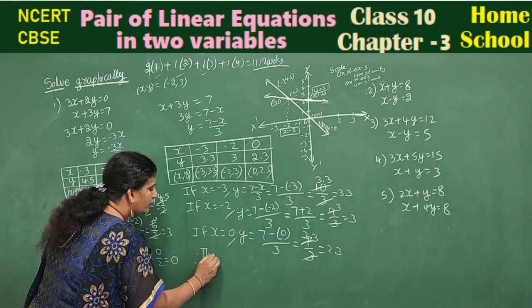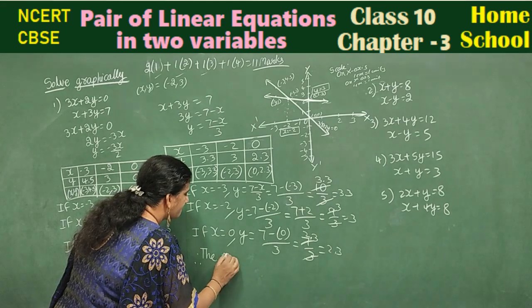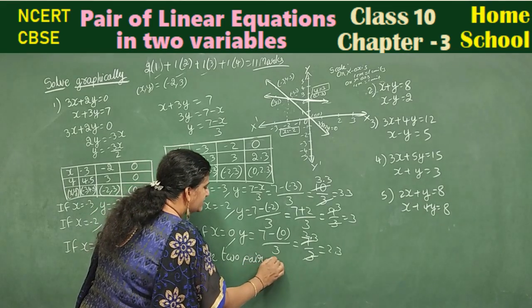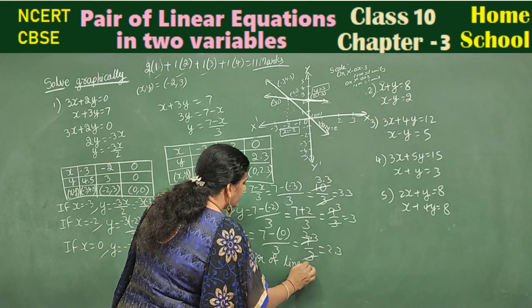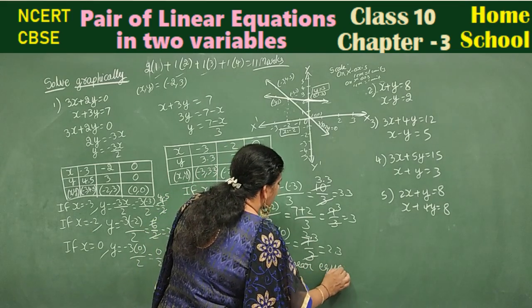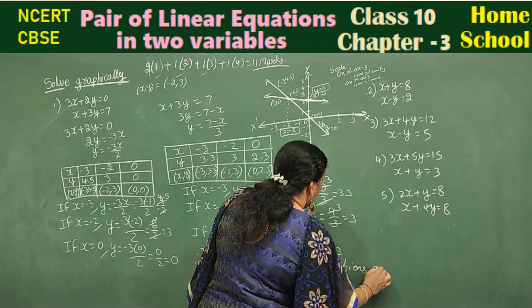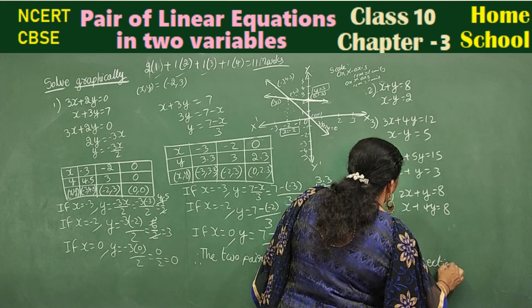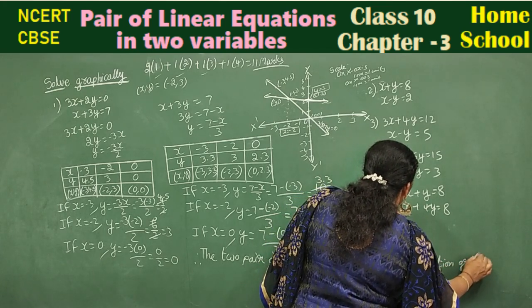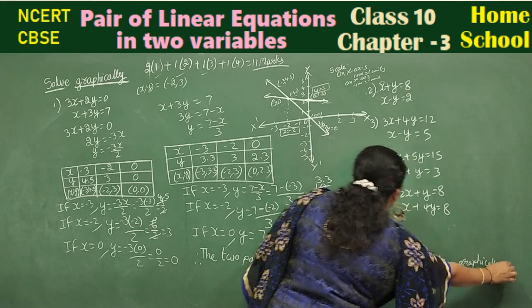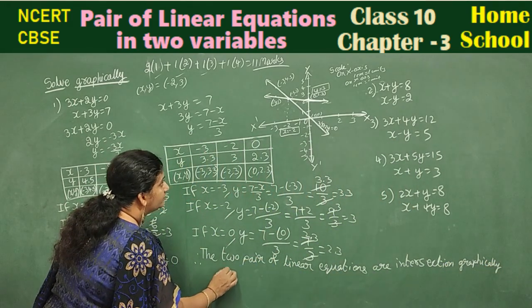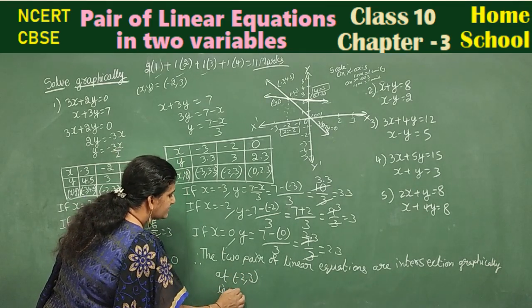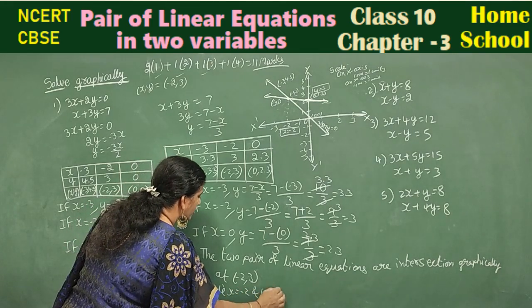Therefore, the two pair of linear equations are intersecting graphically at -2, 3, that is x is equal to -2 and y is equal to 3.